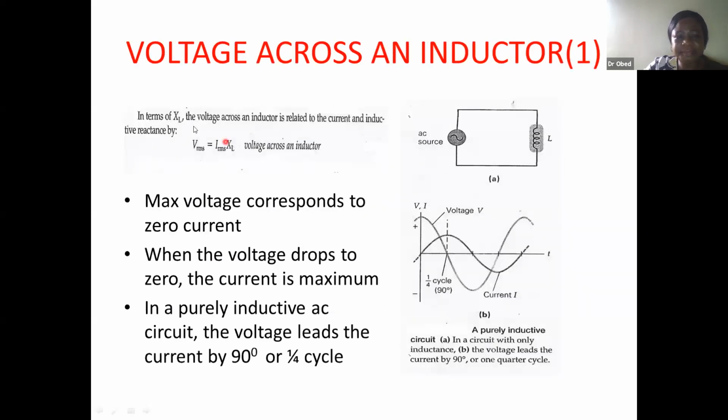This formula. You make IRMS the subject of the formula, and it becomes VRMS over XL. So you insert the XL that you calculated in A. You are going to get a value for XL in question A. When you get the value, you use VRMS over XL, and your VRMS is 120 volts.